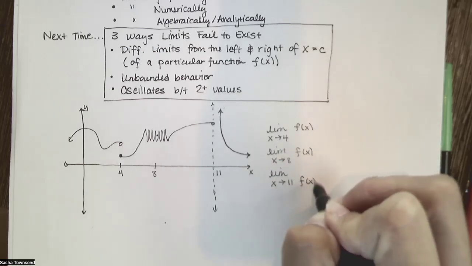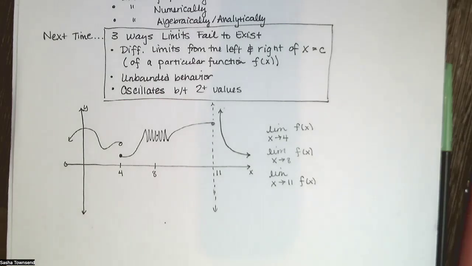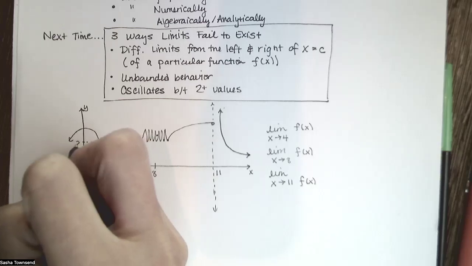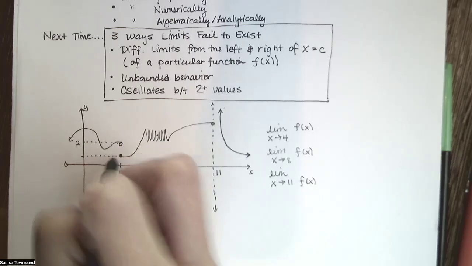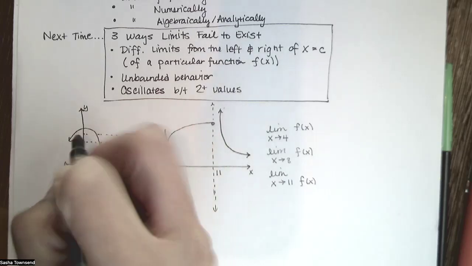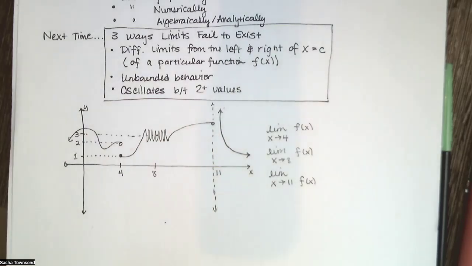Actually, each of these is a limit that fails to exist, and we'll talk about why. So let's say that value is 2 and that value is 1. Let's say that value is 3. This is, of course, not to scale.